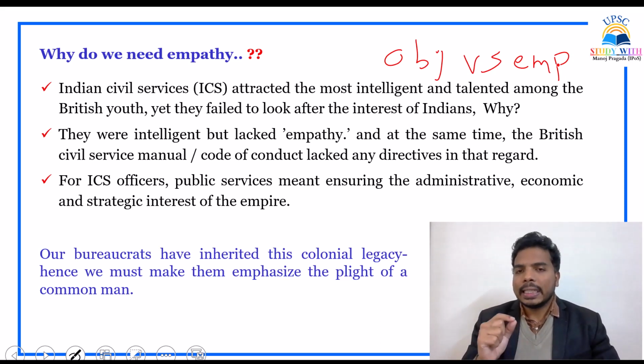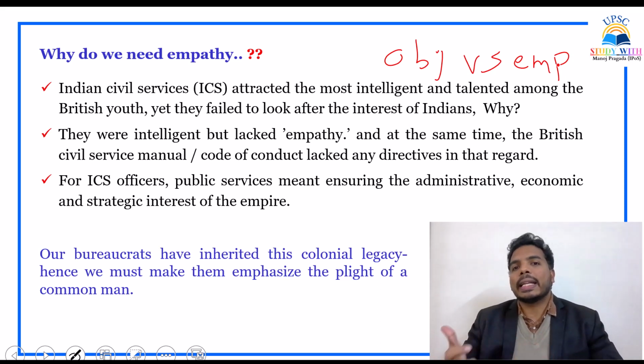That is why my boss had cancelled. Why? Because his actions are based on objectivity. We cannot call his actions based on empathy. If empathy as a value had dominated, then his action might have been something else. He might have granted leave to every employee.